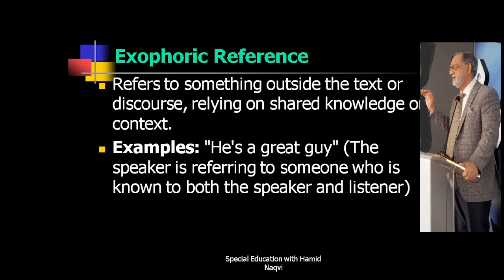Now two persons are talking and one of them is saying he is a great guy. They are talking about a third person. So the speaker is referring to someone who is known to both the speaker and the listener. Since this third person is not there, he is being referred to. He is out of this particular text. So this would be exophoric reference.